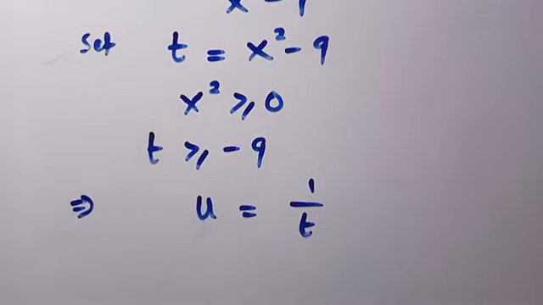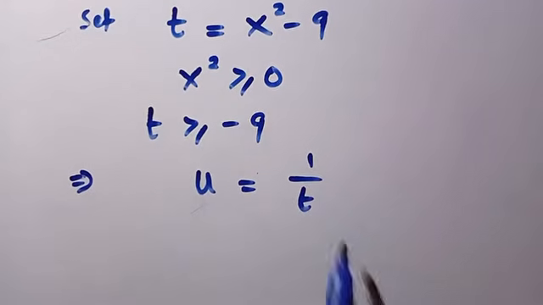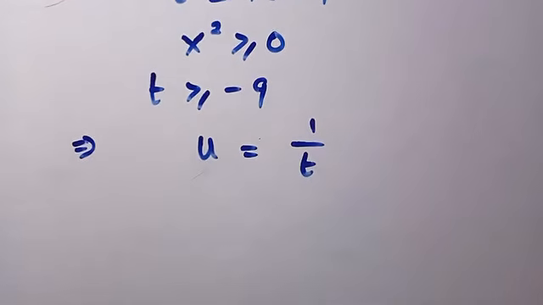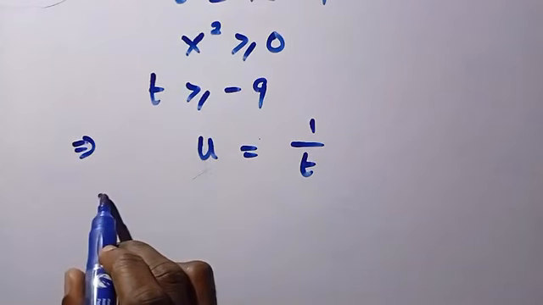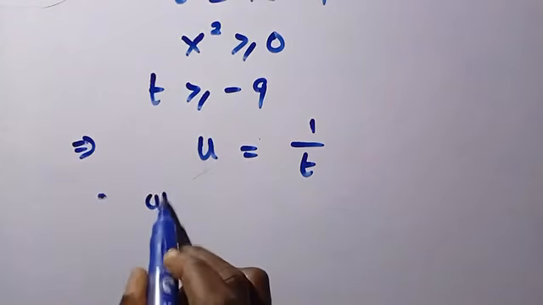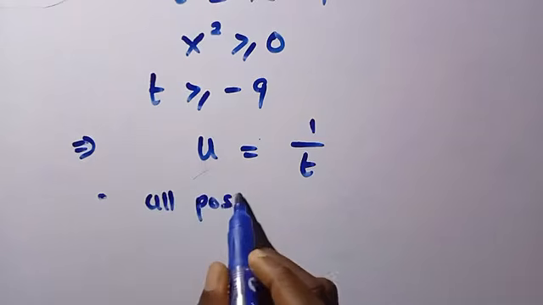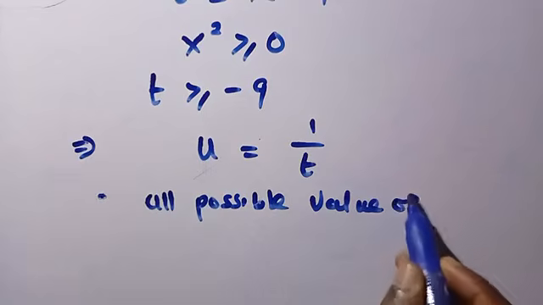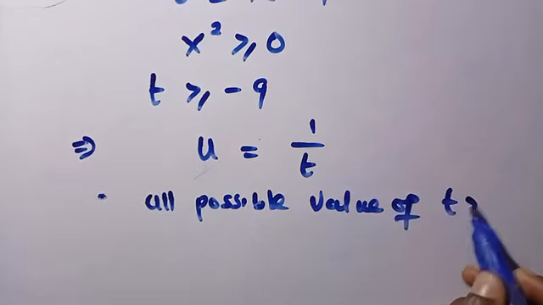So if u equals 1 divided by t, let's now define the domain of this very well. It means all possible values of t. The first condition here is all possible values of t greater than 0.